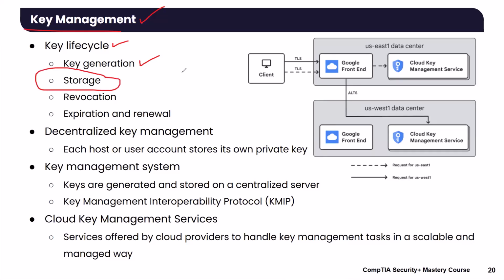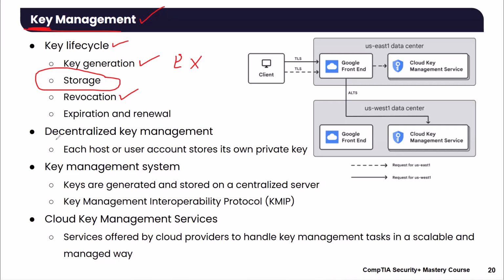Then if the certificate gets stolen or hacked, or expires, sometimes they expire and people forget to renew them, whatever the reason, we're going to revoke that certificate. That's the life cycle, basically. Once that has been revoked, the key is no longer good.